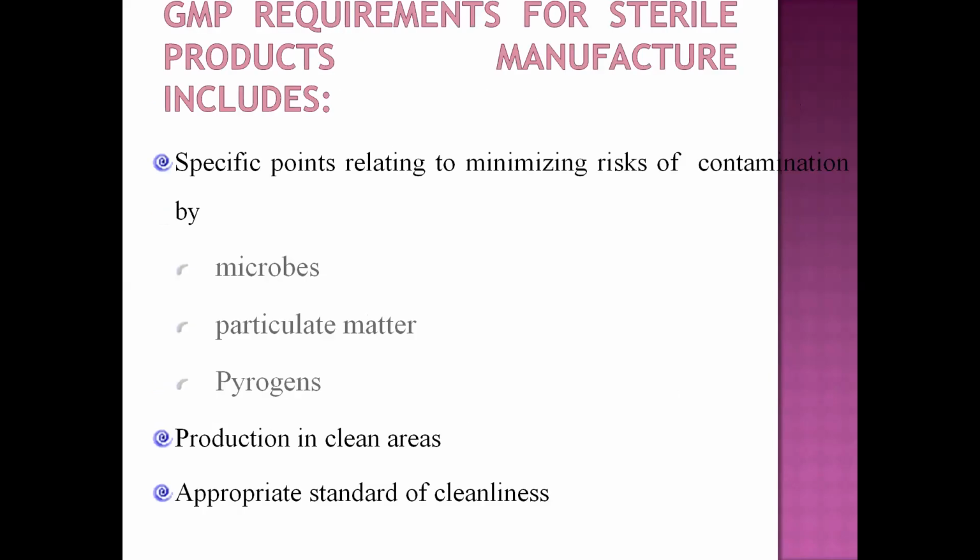What are the GMP requirements for manufacturing sterile products? These are the specific points related to minimizing the risk of contamination, that is microbes, particulate matter, and pyrogens. Those are the major things. Production areas should be in clean areas, and appropriate standards of cleanliness should be maintained.